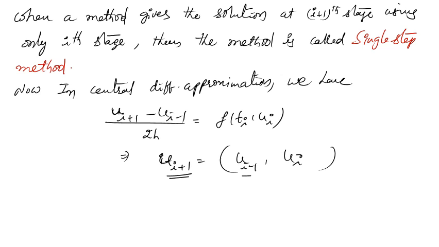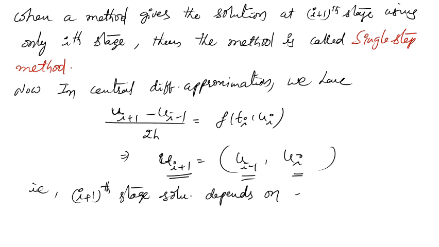That means the (i+1)th stage depends on how many stages? The (i+1)th stage solution depends on the ith and (i-1)th stages. That means multi stages.